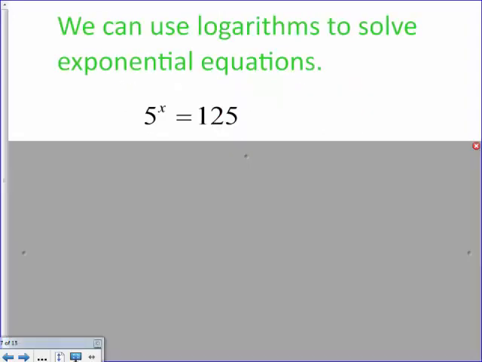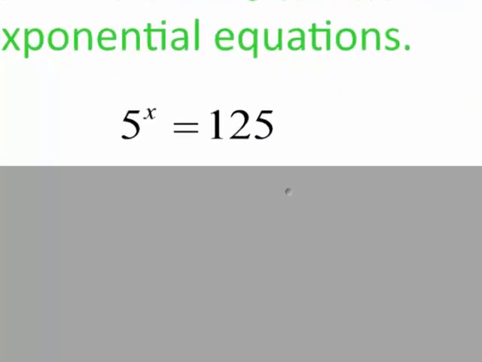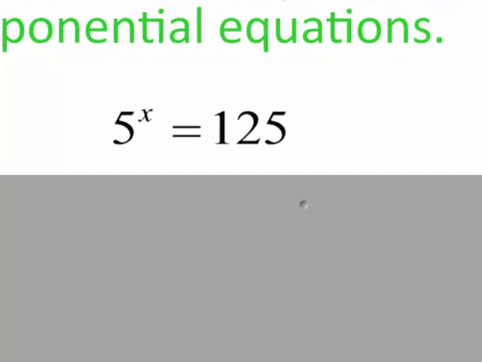So in order to solve for an exponent, this is where that one comes into play. Most of us could see that x would equal 3 in this case. But let's say I wanted to get the variable out of the exponent, because I want to solve and get it by itself. In order to do that, I would take the log of both sides. Whatever I do to one side, I have to do to the other side.